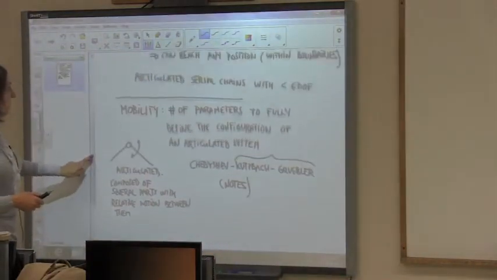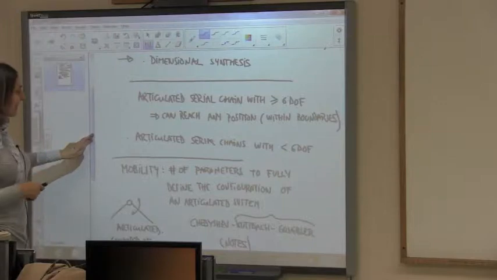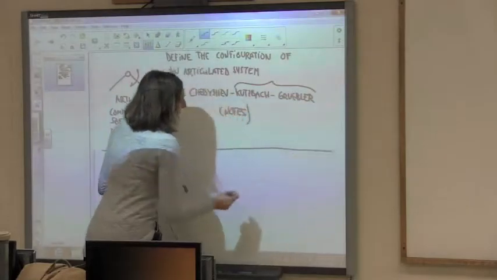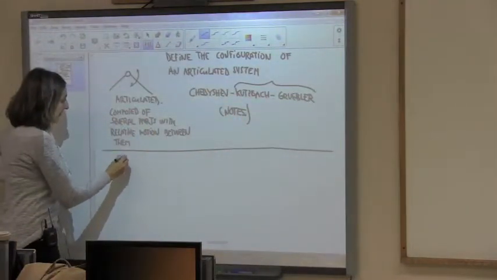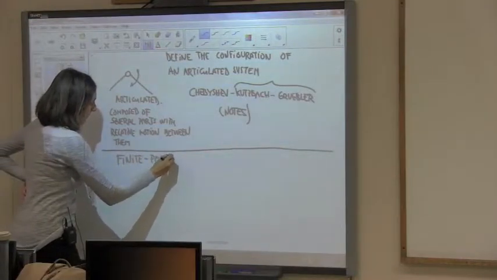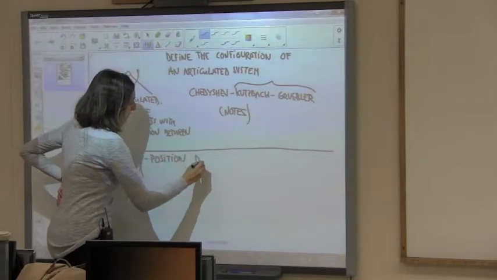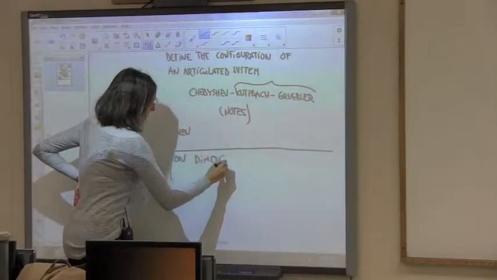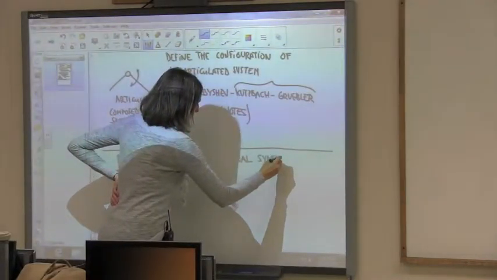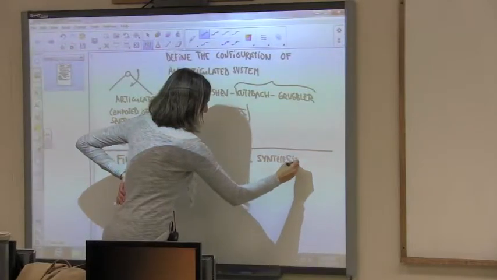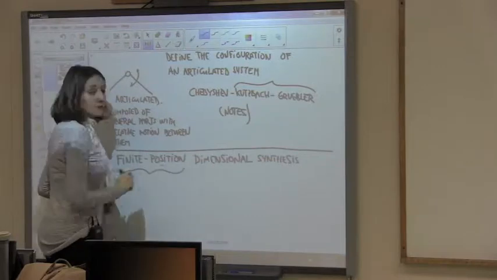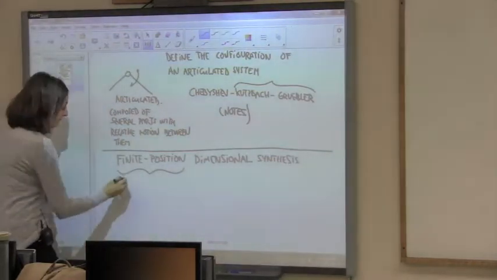assuming that we believe that we need the dimensional synthesis for something, let's see how we do that. So what we are going to do first, because it's the easiest case, is the finite position dimensional synthesis. This means the task is going to be a set of displacements.